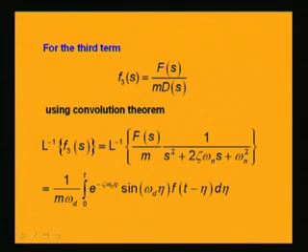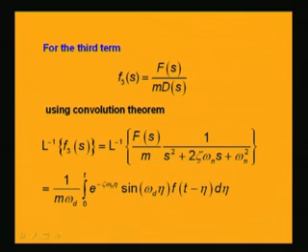The third term is given by F(s) by m D(s), using the convolution theorem. You know the inverse Laplace of F(s) is the forcing function applied to the system, f(t), and the inverse Laplace of 1 by D(s), which is 1 by s square plus 2 zeta omega n s plus omega n square, you already know.